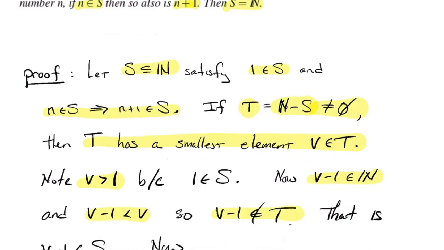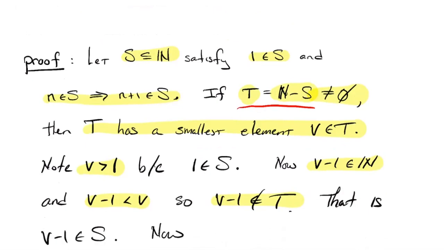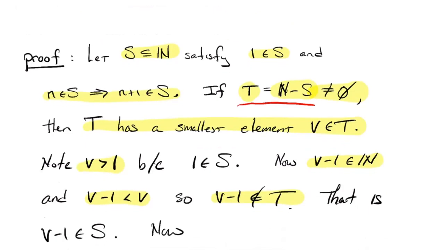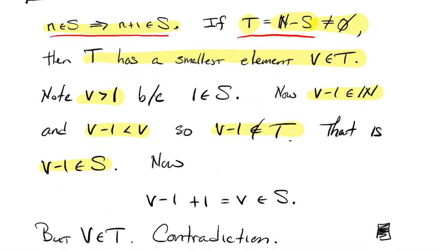But if you're not in T, remember, T is just the complement of S. So if you're not in the complement of S, then you're in S. There's a lot of logic going on here, but this element V minus 1 must belong to S. But we're assuming that whenever something is in S, the number that's 1 bigger than it is in S. So if I take my V minus 1 and I increase it by 1, I certainly get V, and the inductive hypothesis says that that has to be in S.